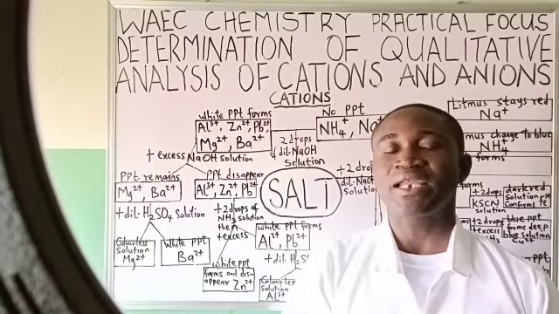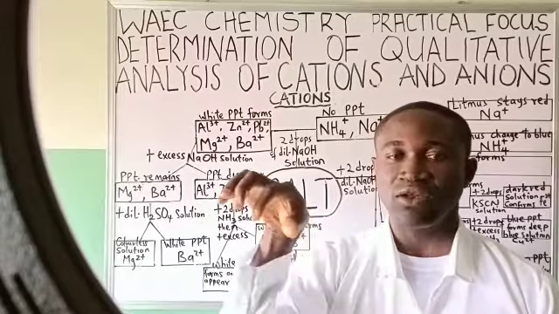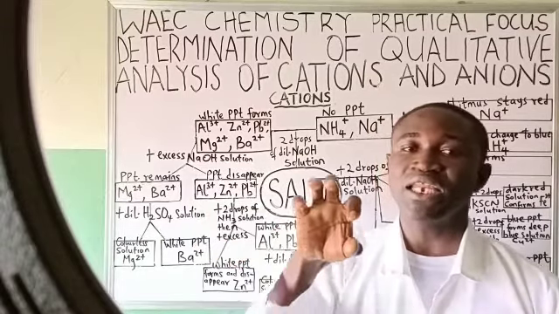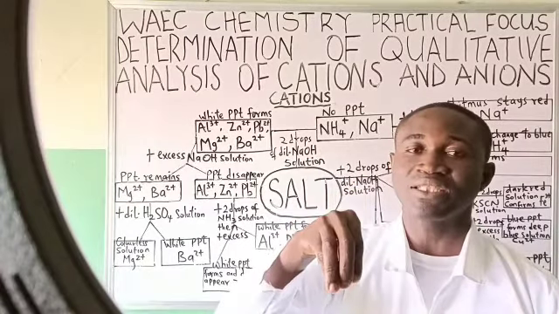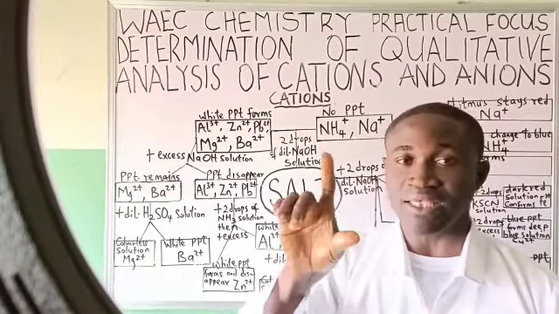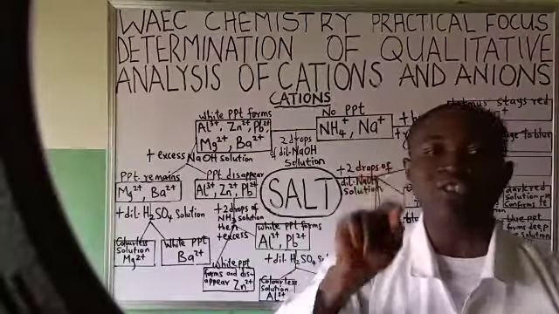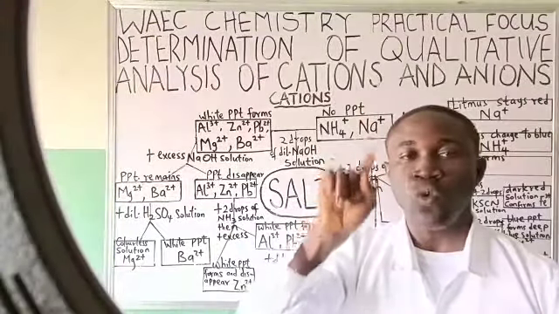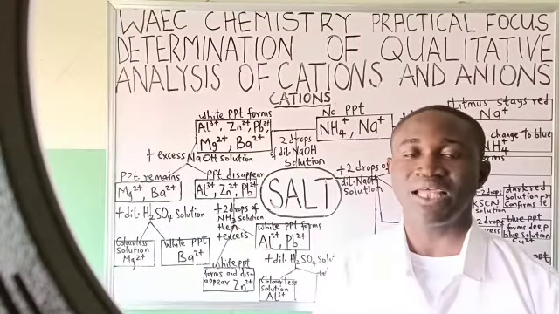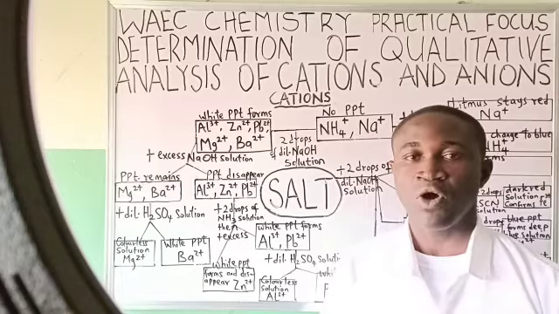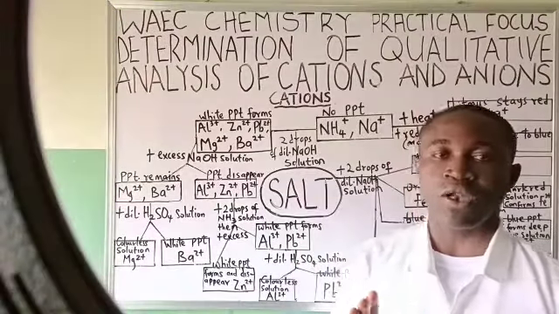We are not checking in what quantity we have this cation in it. If we were checking the quantity of the cation present in a particular salt, it means that we would change this topic to quantitative analysis of cations and anions. Okay, so in this video we want to focus on qualitative analysis.